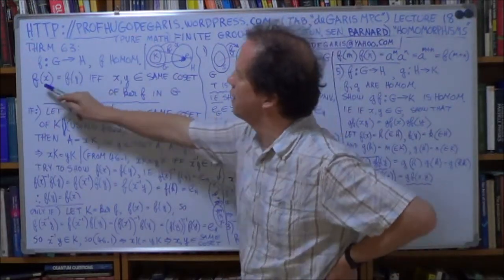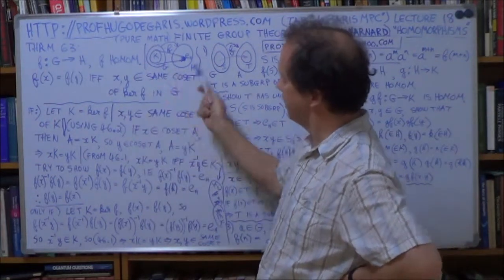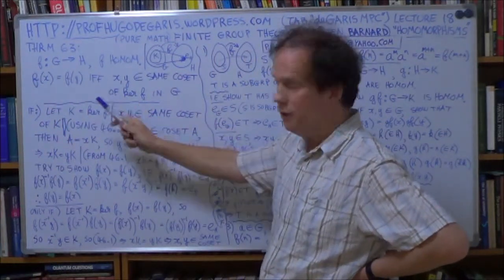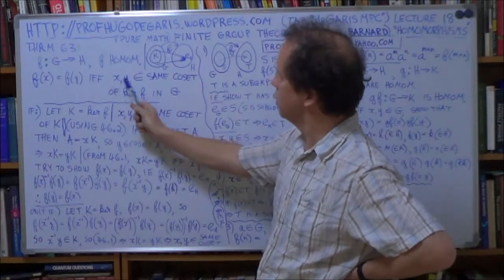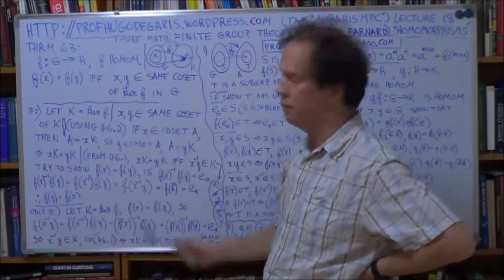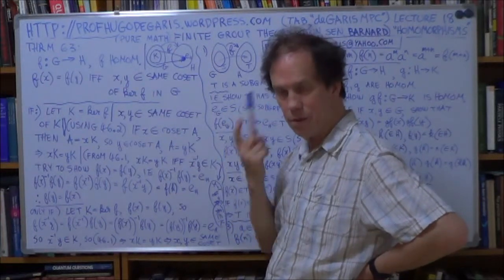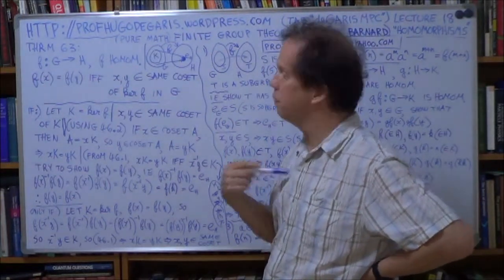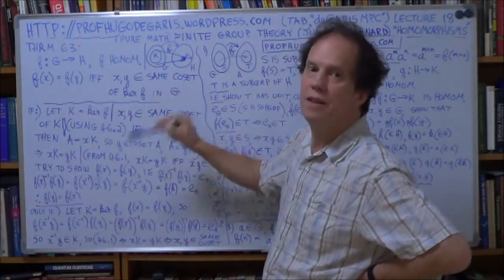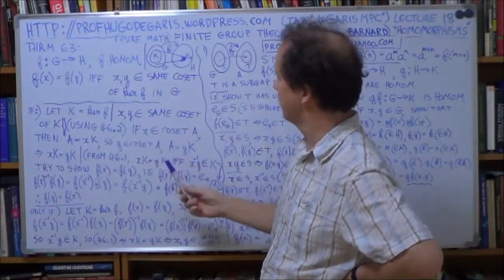So if they map to the same element in group H, then here's your statement. f of x equals f of y if and only if these two elements in G, x and y, belong to the same coset of the kernel in G. Now, the kernel, from the previous session, we know is a normal subgroup of G. So think of this as N, a normal subgroup from earlier theory.